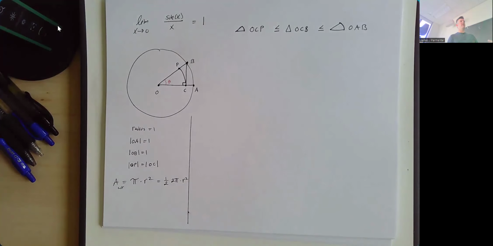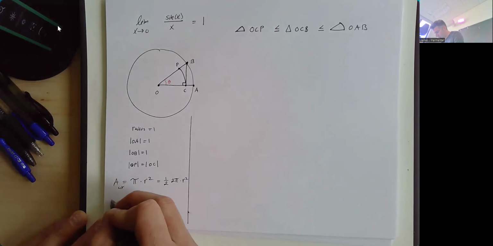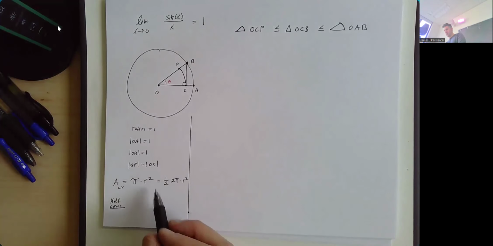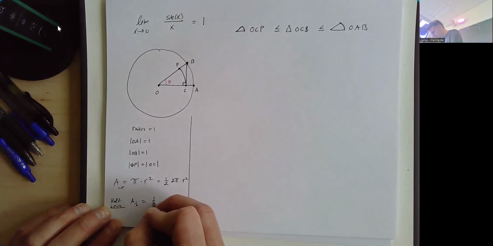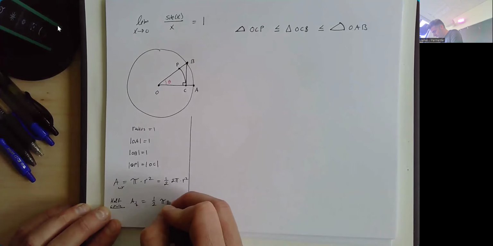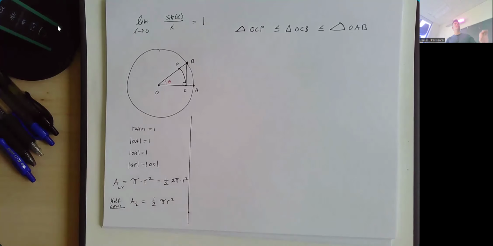There's not a really good reason for this other than it's going to show you what I want you to see. What about the area for half a circle? Well, that would be half of this. So the area for half of a circle is 1/2 pi r squared.